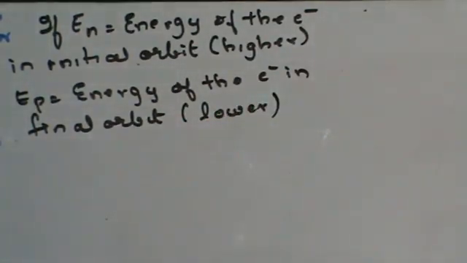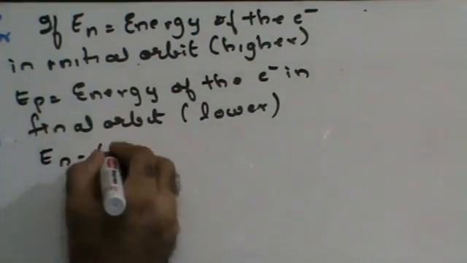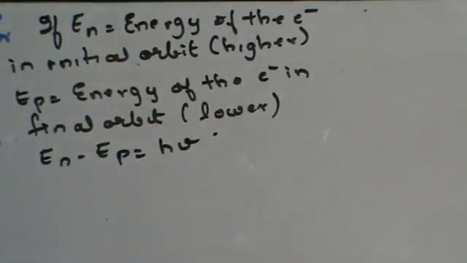So in which case I can say that by this postulate En minus Ep should be equal to hv. Fine. That is my Bohr's third postulate.